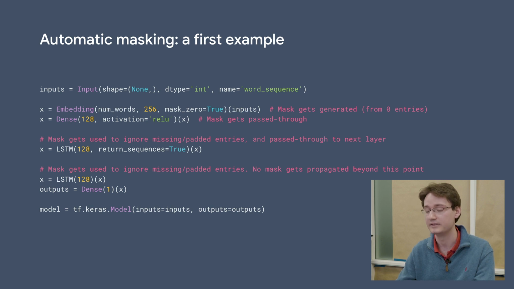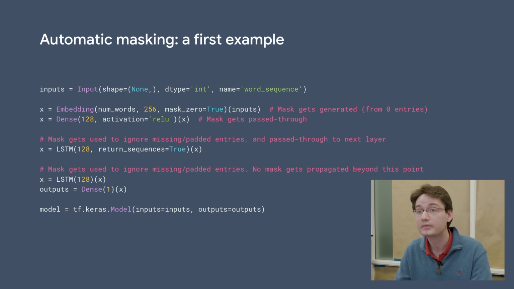So the next layer is not going to see any mask. So when you do something like this, you're automatically telling the LSTM layer, which is significantly downstream from your embedding layer, to do the right thing with your sequences. So if you're not super familiar with the specifics of masking, this is very simple and magical. You just say mask 0 at the start of your model, and suddenly all the layers that should be aware of masking just do the right thing.